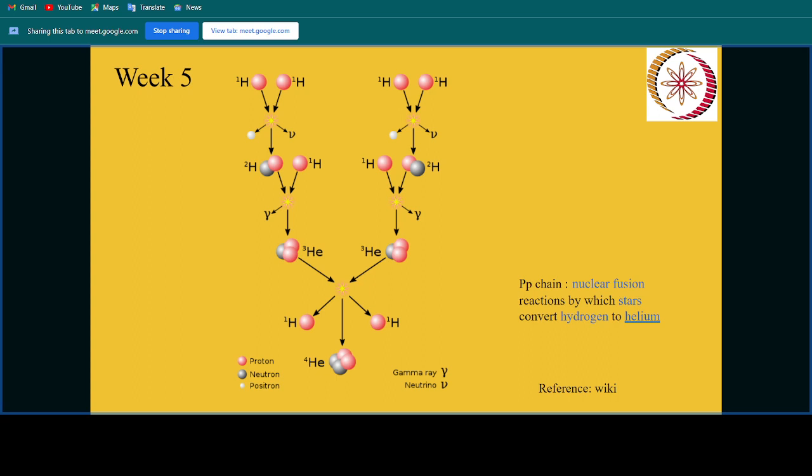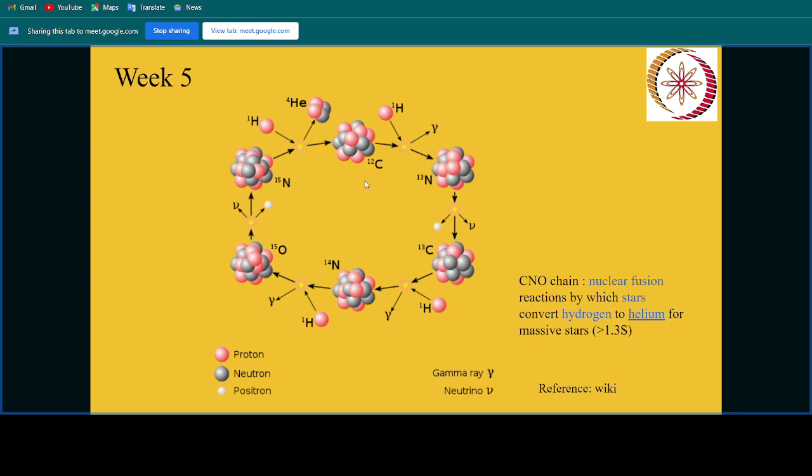The PP chain has not only one single probability of a reaction, but it has four, like PP chain 1, 2, 3, 4. There are many kinds of PP reaction chains happening there. And for the CNO cycle also, there are CNO cycle type 1, type 2, type 3, type 4.